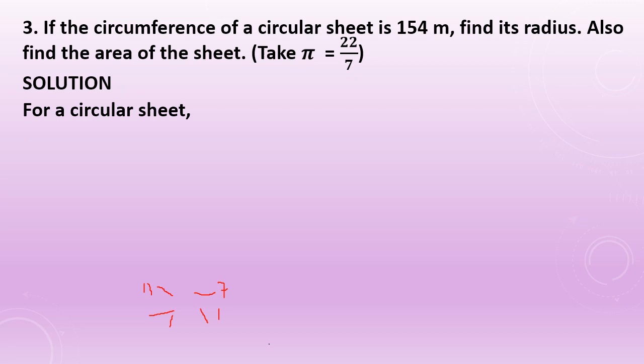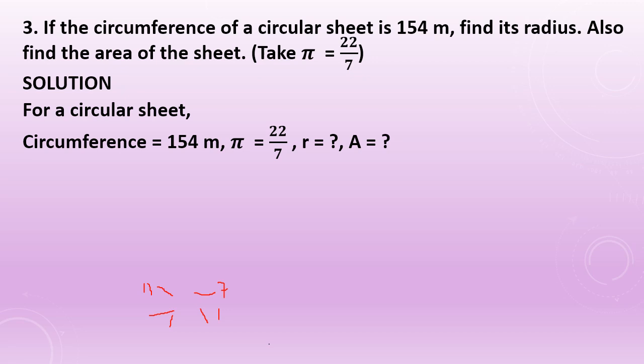Here we are discussing a circular sheet. So we can write, for a circular sheet, circumference is given as 154 meter, pi equals 22 upon 7, r equals question mark. That means we have to find the radius of the circle. Similarly, we have to find the area of the circle also.